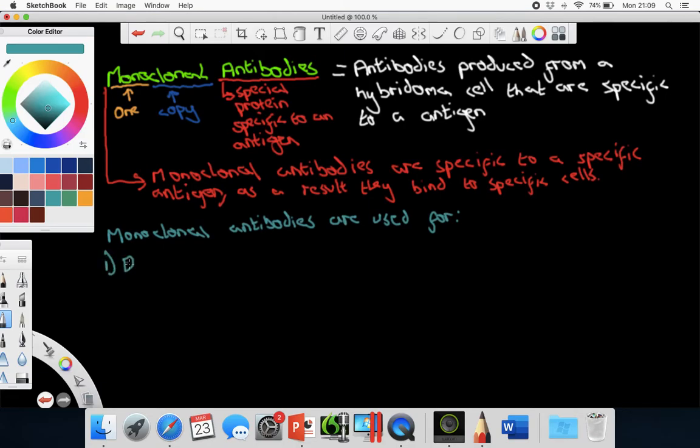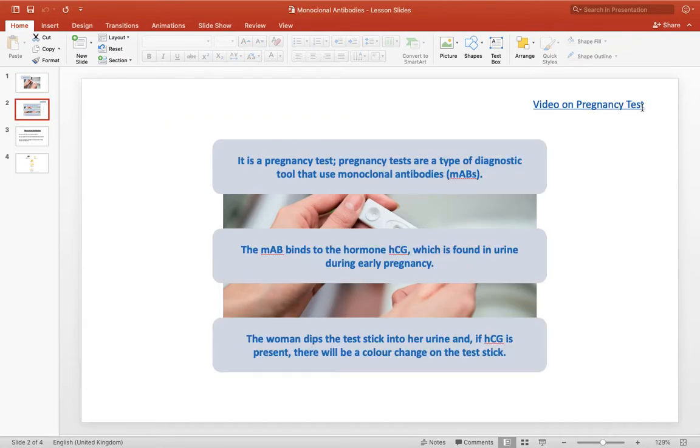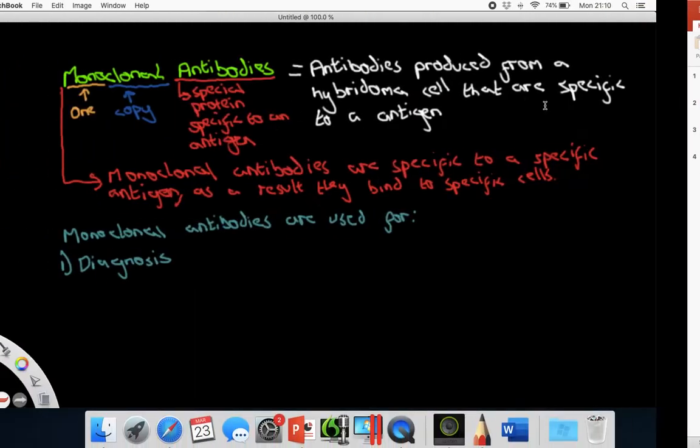So number one, diagnosis. Now, we use monoclonal antibodies for things such as pregnancy tests. Pregnancy tests look for a substance known as HCG. There is a video at the start of the PowerPoint attached. If you click on this link up here, this will give you a video on how pregnancy tests work.